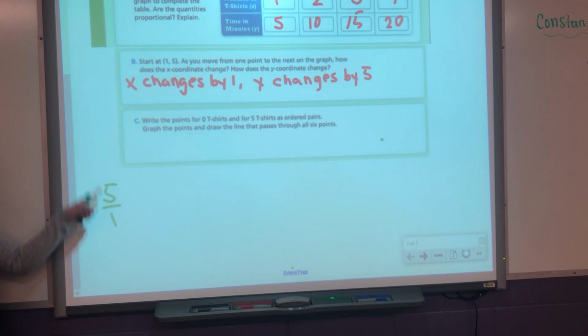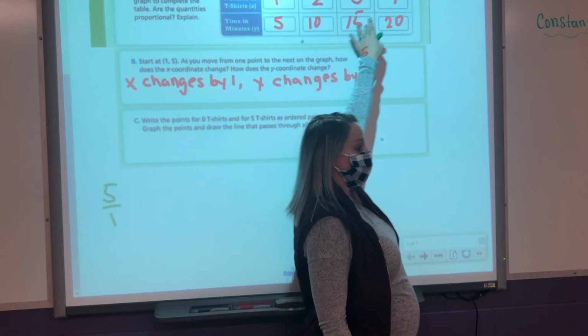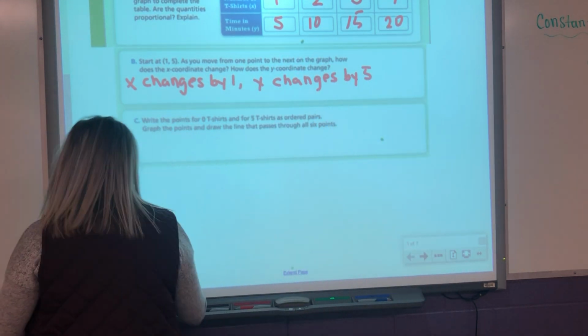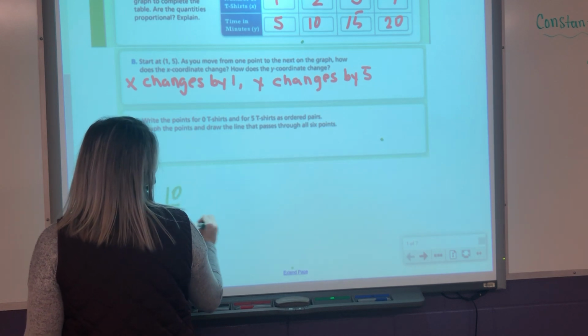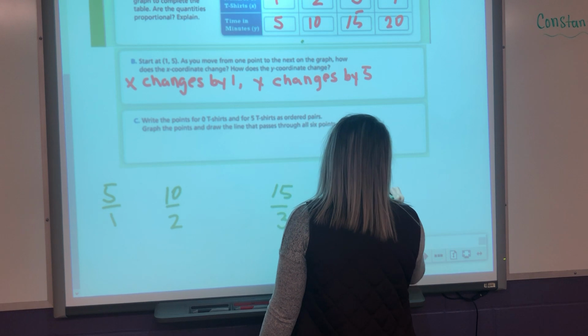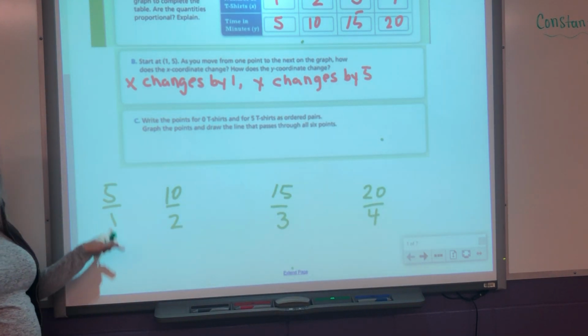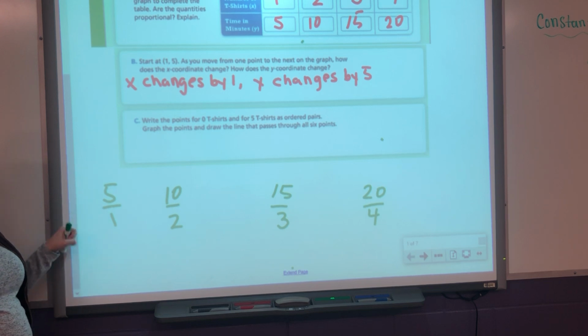Is that in simplest form? For our relationship to be proportional, what has to happen for the rest of them? They all have to reduce to 5 over 1. So 10 over 2, 15 over 3, and 20 over 4. 5 over 1 is already in simplest form. It's already our unit rate.